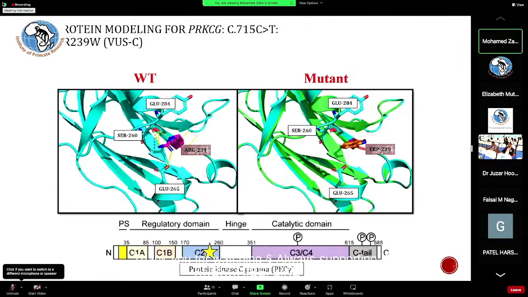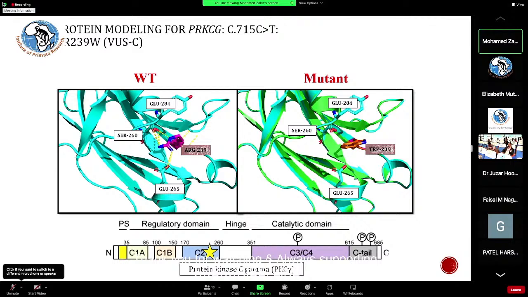To give you an example, this is a mutation in the PRKC gene, at position 715, which changes from C to T. Subsequently, that means the protein will change from arginine to tryptophan. As you can see in the picture on the left, in the wild type, when the original variant is present in the non-patient, there are multiple bonds that connect arginine to serine and arginine to glutamine.